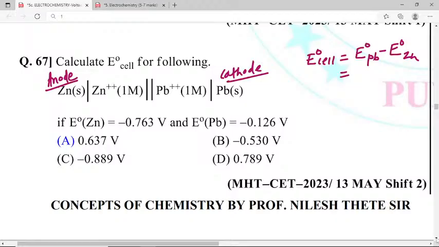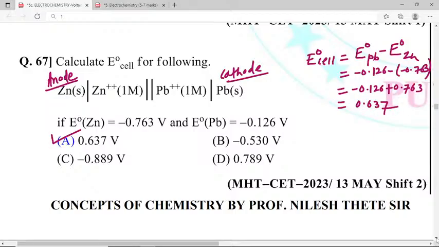So lead has the value minus 0.126. Zinc has the value minus 0.763. So minus becomes plus: 0.126 plus 0.763, and we'll get the answer 0.637. So option A is correct.